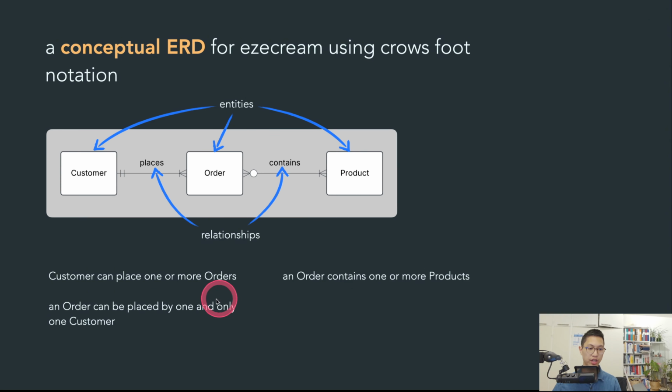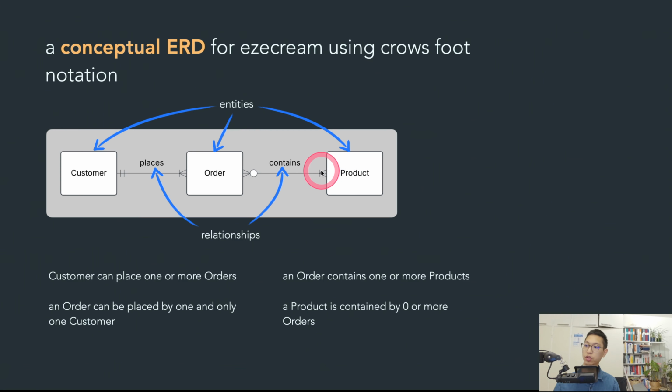So here, an order contains one or more products. And a product can be contained by zero or more orders. So this means zero or more. Note that an order must contain at least one product, right?